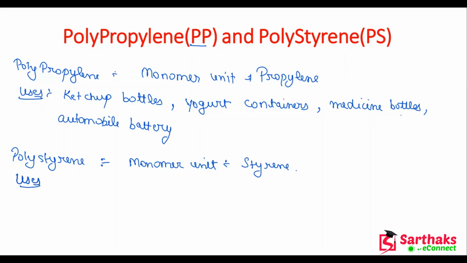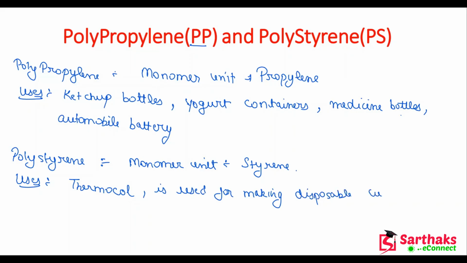The uses of polystyrene are in thermocol, which is a form of polystyrene only, and it is used for making disposable cups and packing material for fragile items.